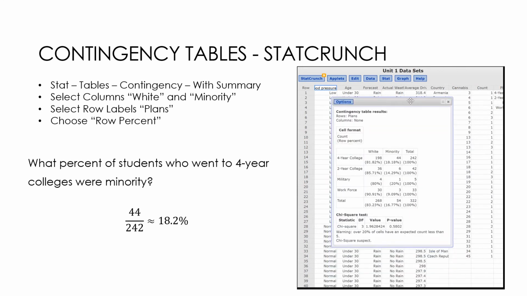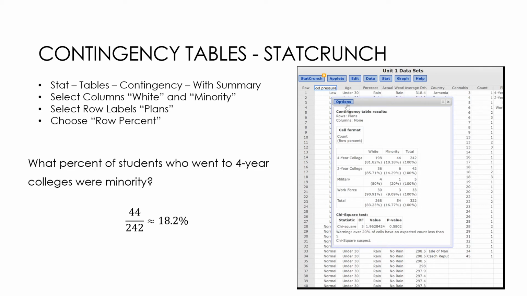And again, the row percent will give me that out of 100% of the students that went to four-year colleges, 81.82 were white and 18.18 or 18.2 were minority. Now this matches what we did by hand using the calculator.